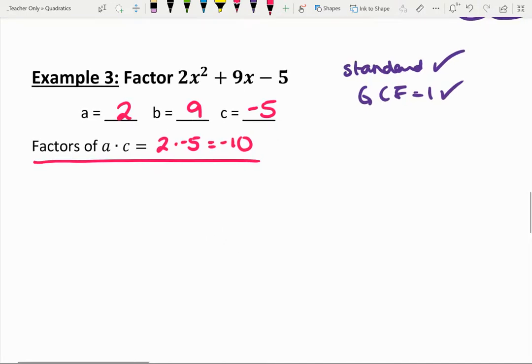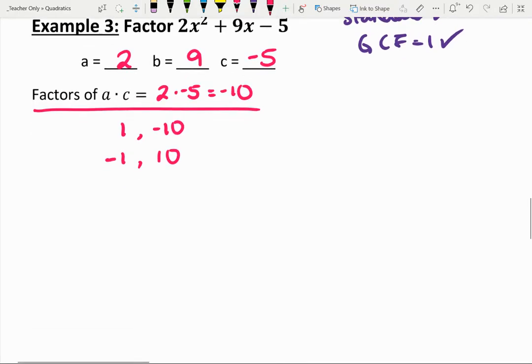So when I think about the factors of negative 10, I have to be really careful here because I could have 1 and negative 10, but I could also have negative 1 and positive 10. So when I list out my factors of a negative number, I really have to be mindful of all the possible combinations. So I need to pick a pair here.